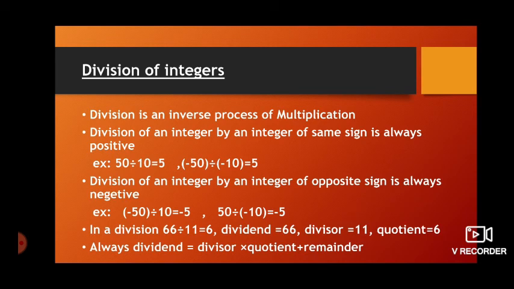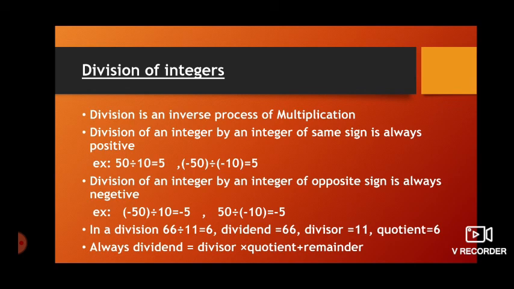There is no change at all in the division process. Now come to the sign. For 50 it's a minus, for 10 it's a plus. So negative by positive, automatically the result will be negative. Next, 50 divided by minus 10. Again in the same way, 50 divided by 10, there is no change, 5 only. Here 50 is positive and 10 is negative. So one is positive, one is negative, and automatically the result will be negative.